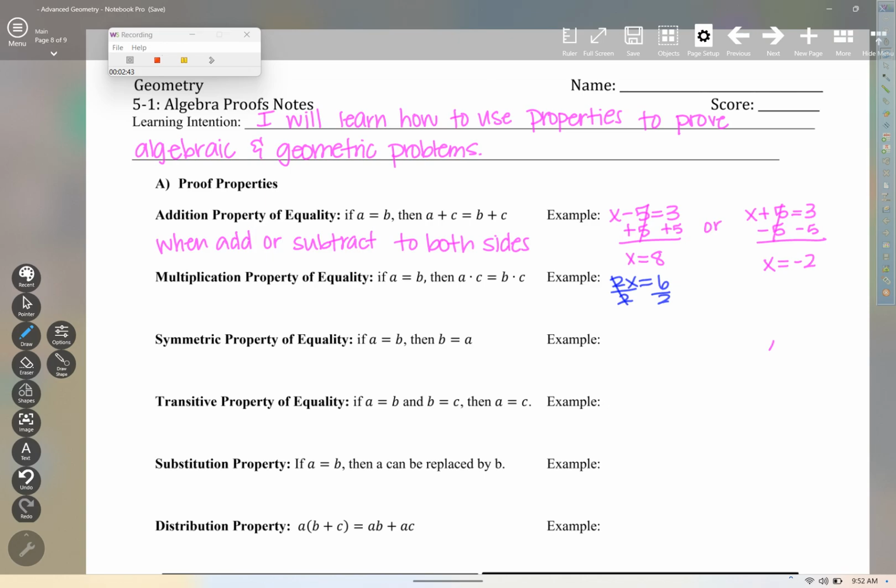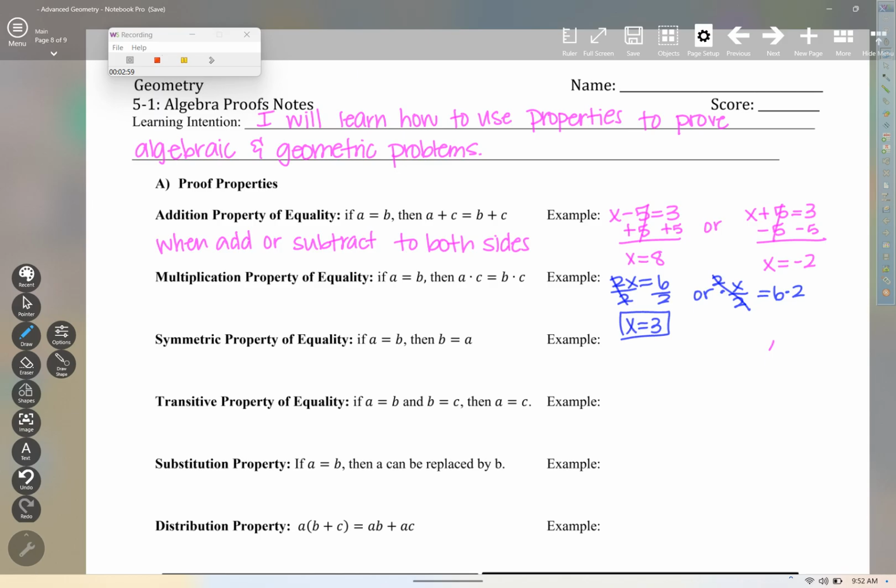Okay? Or, let's say I have x over 2 is equal to 6, and asked you, how do you solve for x? You would multiply each side by 2, right? So x would then be equal to 12. Okay?